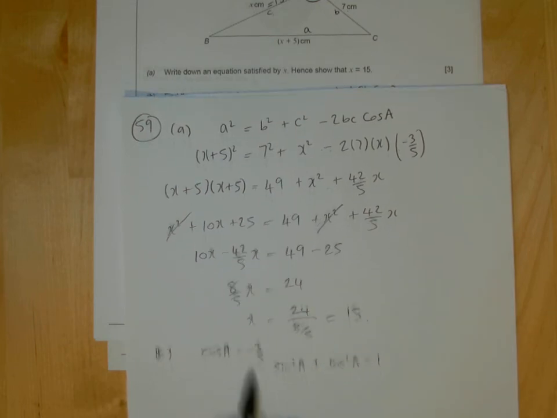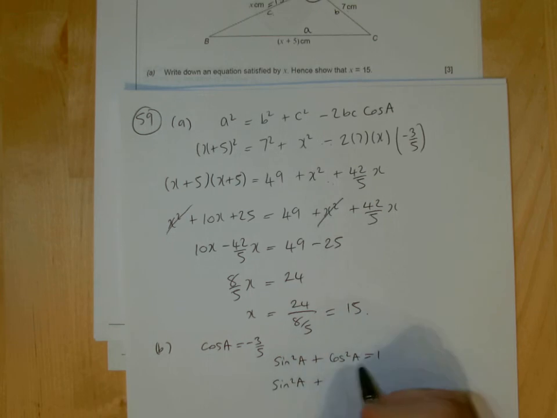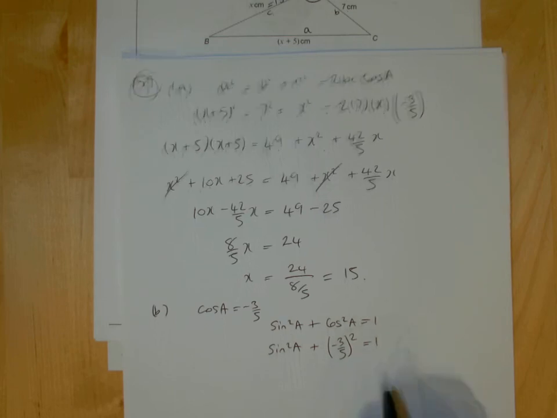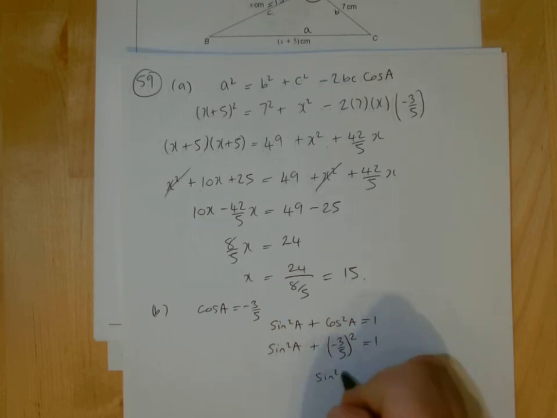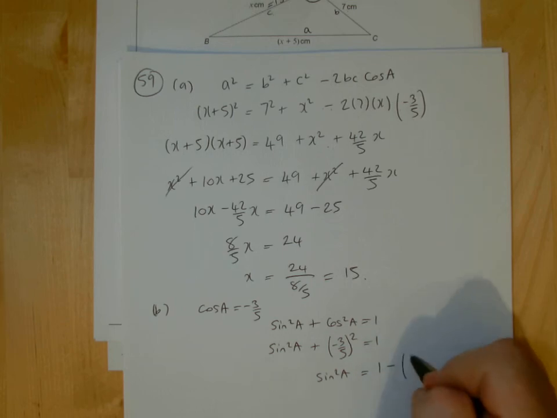What I can do then is substitute in my value for cos in here, and we can square that. So cos A is minus 3 over 5, squared. What I can do then is take that over the other side, because remember sine squared is 1 minus cos squared, isn't it?